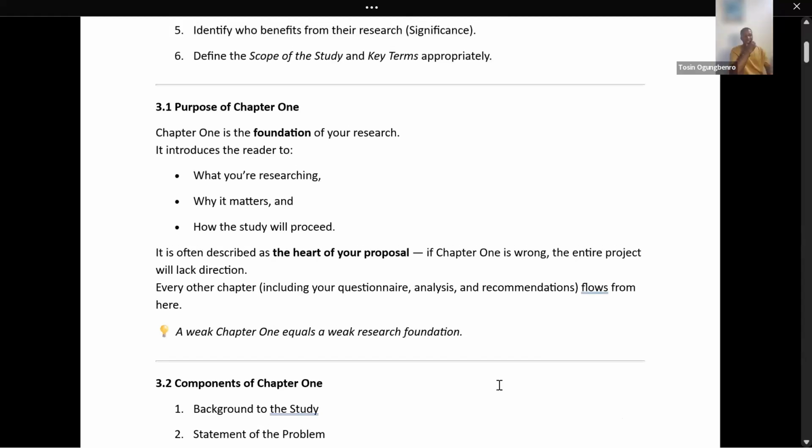Basically, making the introduction is important because a lot of times you might not have time to go through your entire work, but you want to be able to read your introduction and have an idea of what your work is all about.